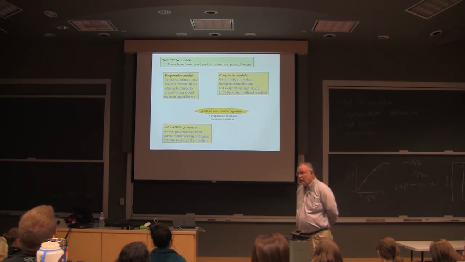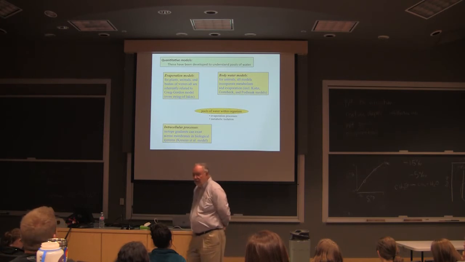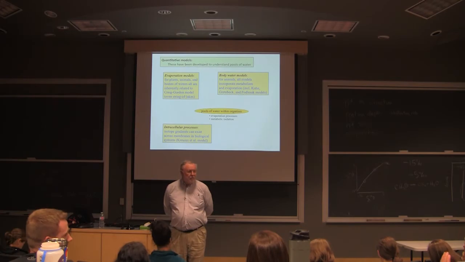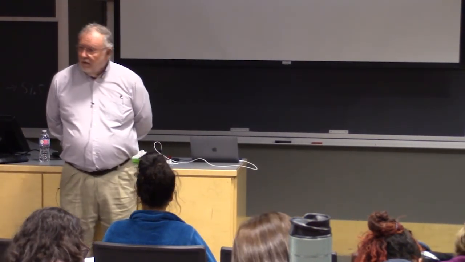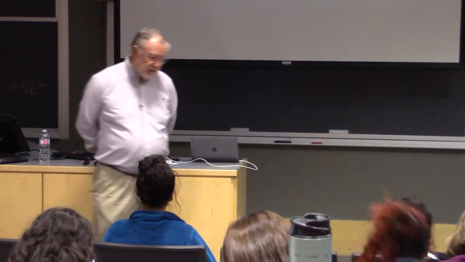The one model you haven't heard about so far is the string of lakes. How many of you have heard of string of lakes? 1, 2, 3. Okay. So the string of lakes is a very simple concept. It was first developed by Joel Gatt. So often you hear about this in Turi's lecture or in Gabe's lecture.